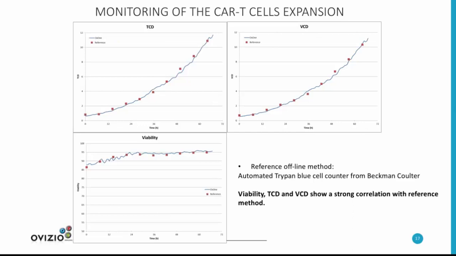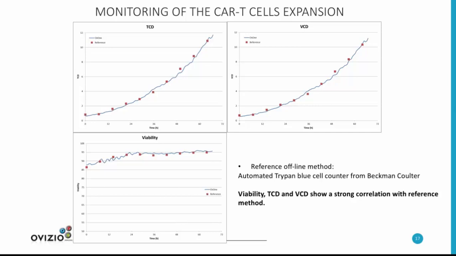If we look at the results and compare ourselves with the reference offline method, the first way to do that is just to make an overlay of the two graphs generated on one side by OsOne and on the other side by the reference method. The small blue line is the results generated by OsOne. The red dots are generated by the reference method.